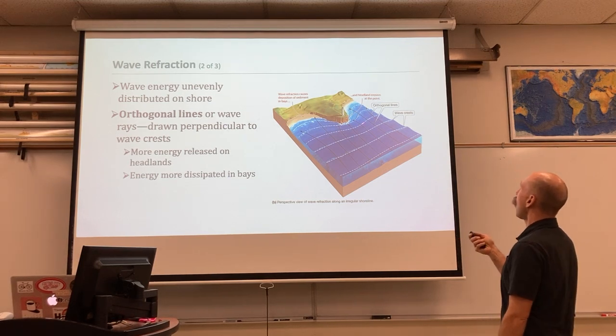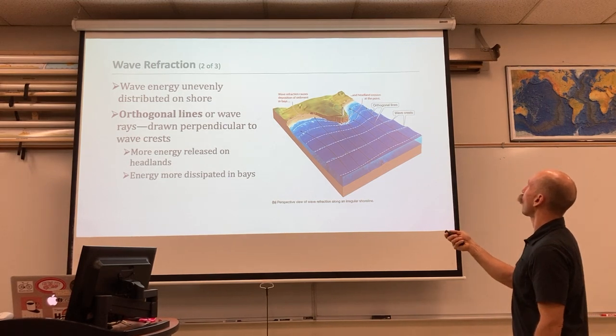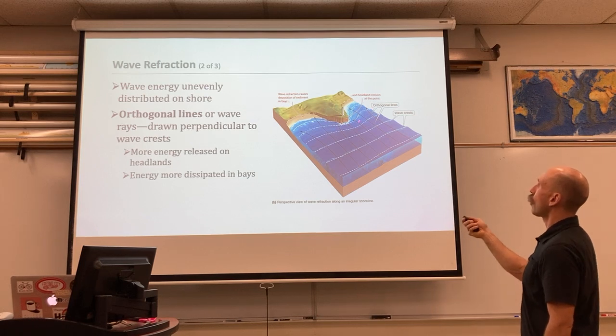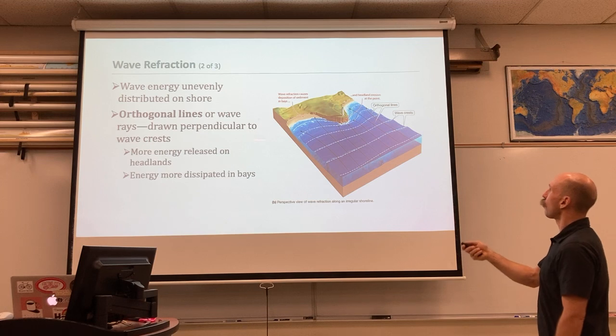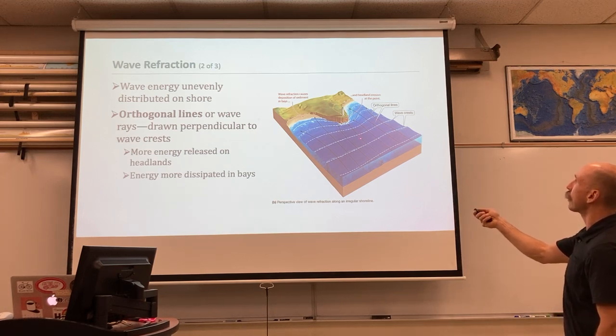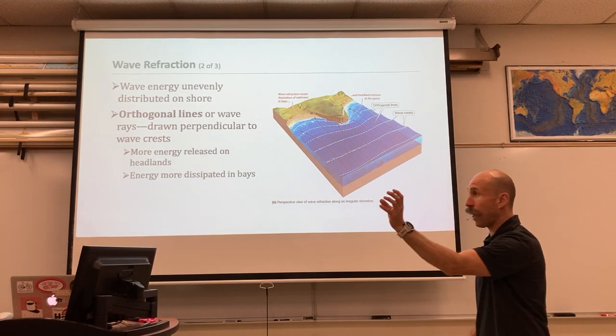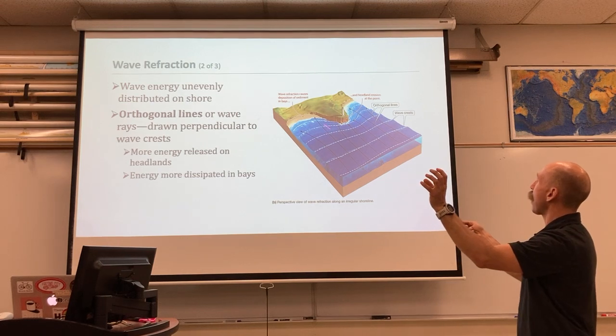The wave energy is unevenly distributed on the shore, and it goes through these orthogonal lines that are perpendicular to the wave crests. There's more energy on headlands, the points that stick out, than there is in bays.